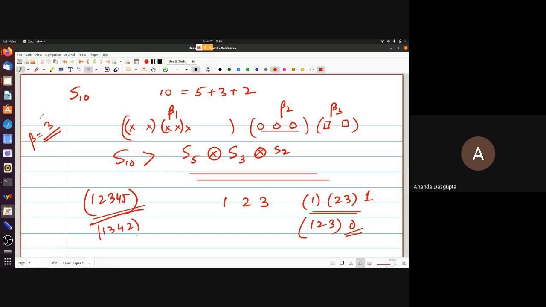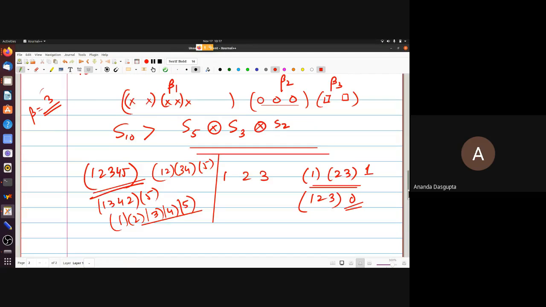That also has no 2 cycles. Or 1, 2, 3, 4, 5, again no 2 cycles. But you would also have elements like 1, 2, 3, 4, and 5, which have 2 cycles. I'm talking about the first S5 here. Is it okay with everybody?